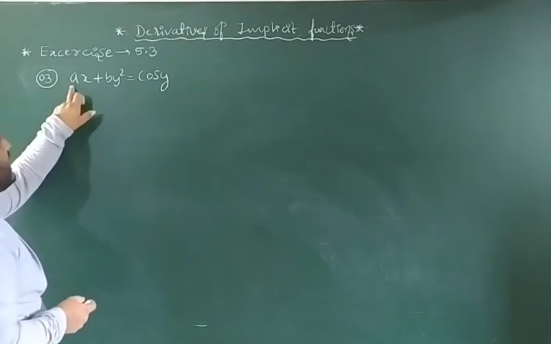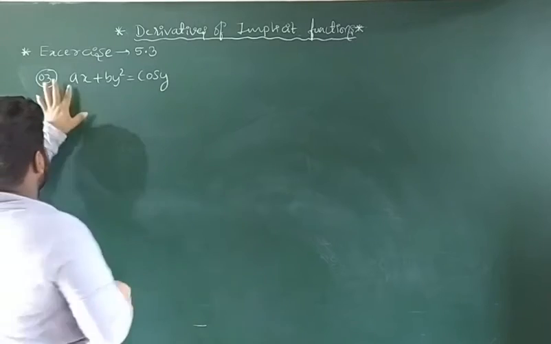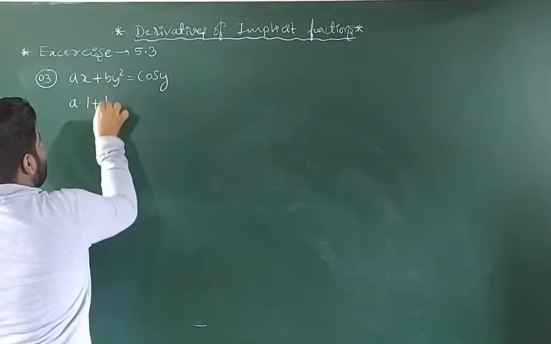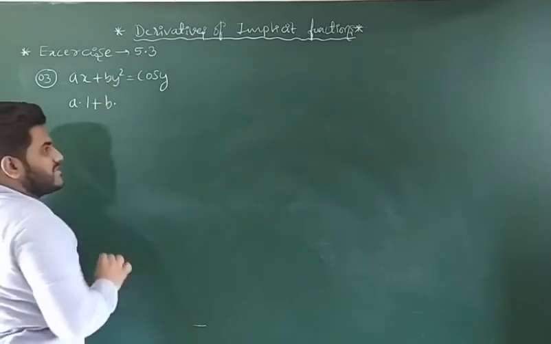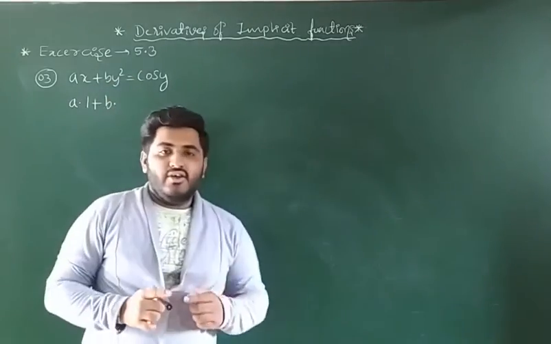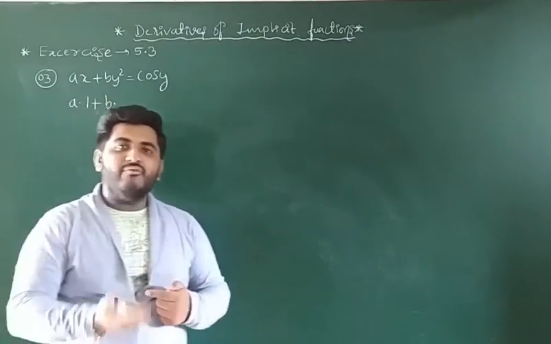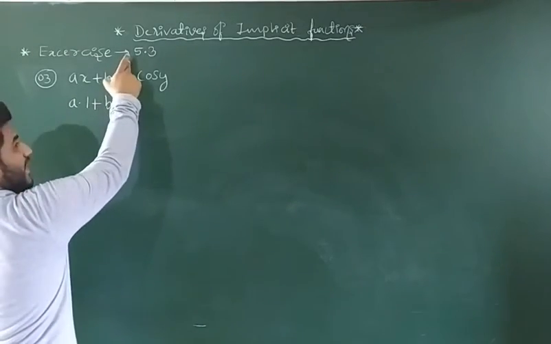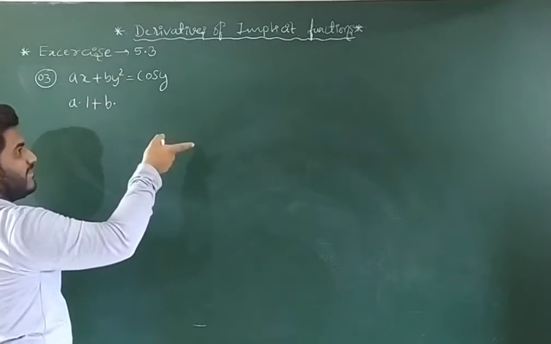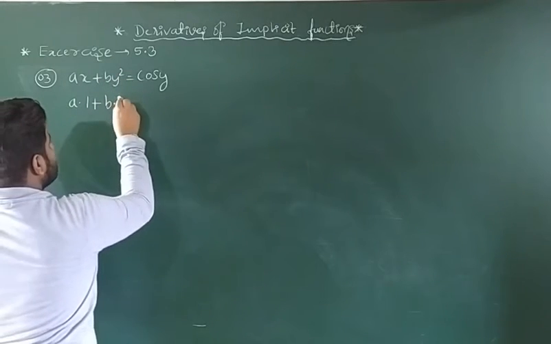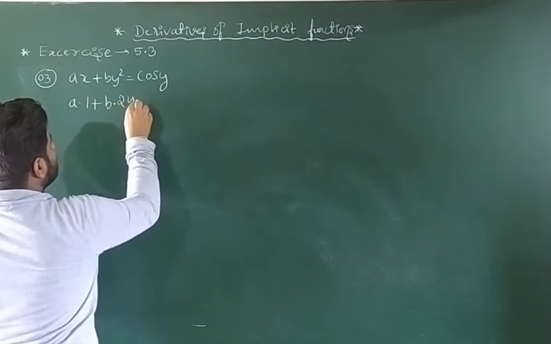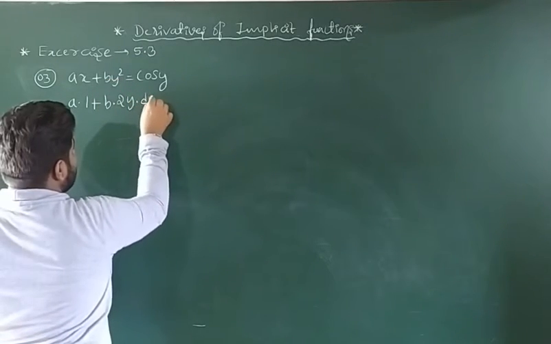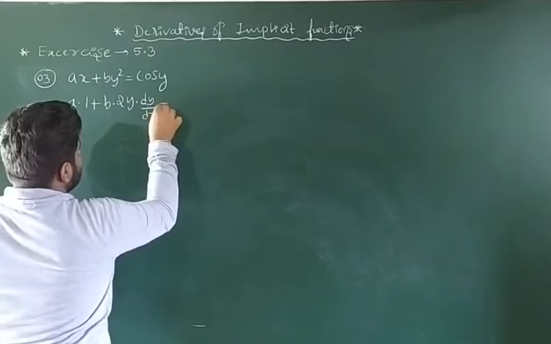Carefully look here, guys. a and b are constants here. So keep a as it is, the differentiation of x is 1, plus b as it is. Differentiation of y square: here we are differentiating y with respect to x, so treat this y as an x. Using the x raised to n formula, n into x raised to n minus 1, and here y square is there, so we get 2y into, if it were x it would end here, but here it is y, so you write the derivative of y also, nothing but dy by dx.